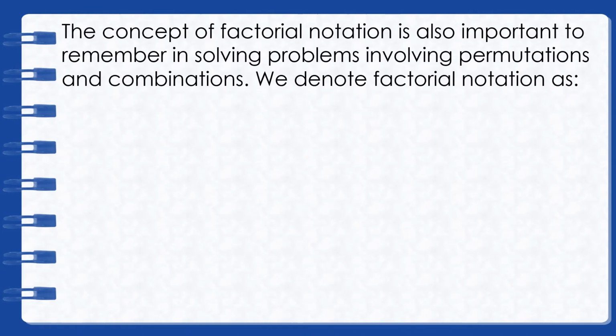Before I give examples in problem solving involving permutation and combination, let us recall the concept of factorial notation, because it is also important to remember this as we are going to solve permutations and combinations.